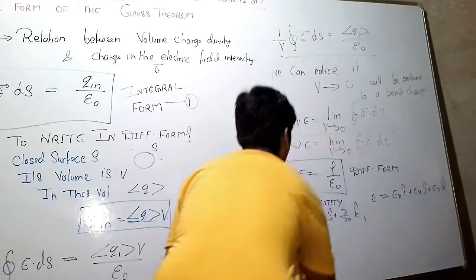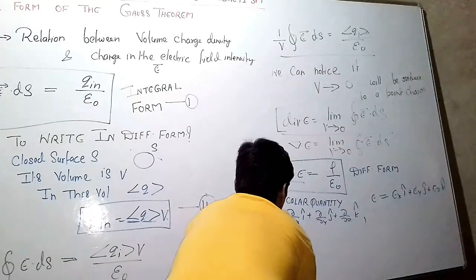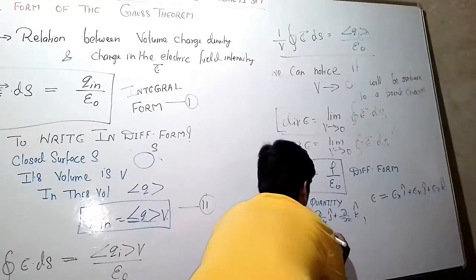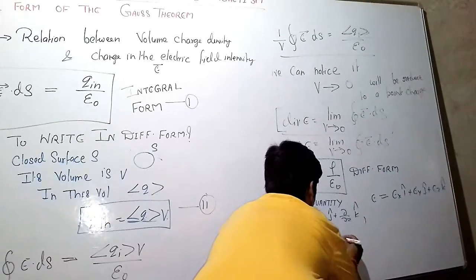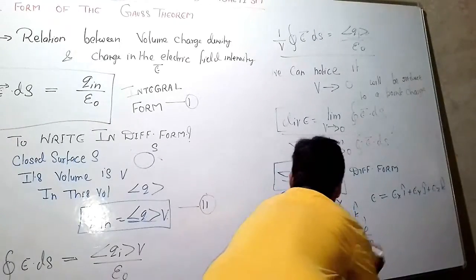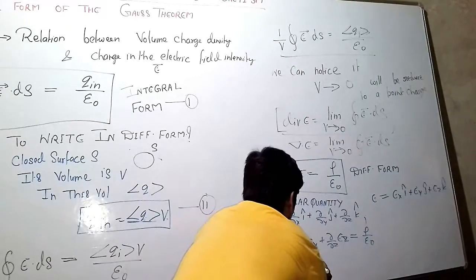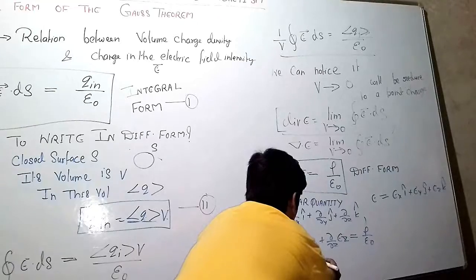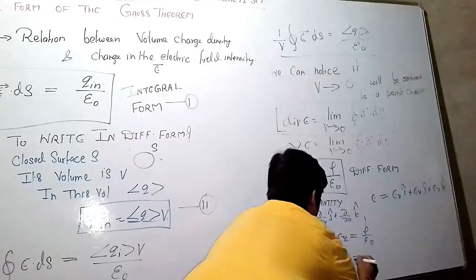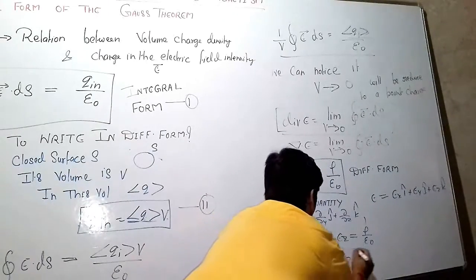So we can write this as del Ex by del x plus del Ey by del y plus del Ez by del z equal to rho divided by epsilon naught.